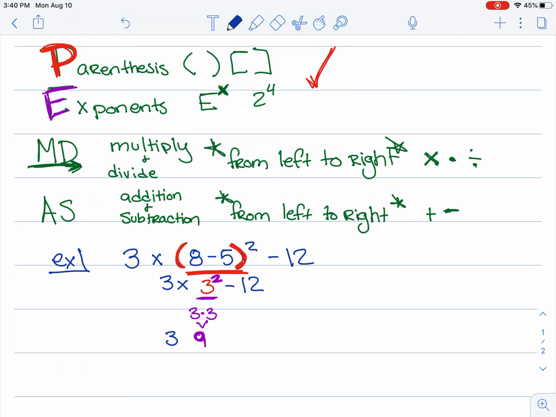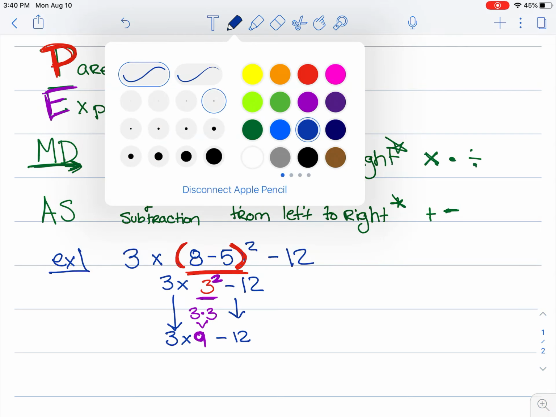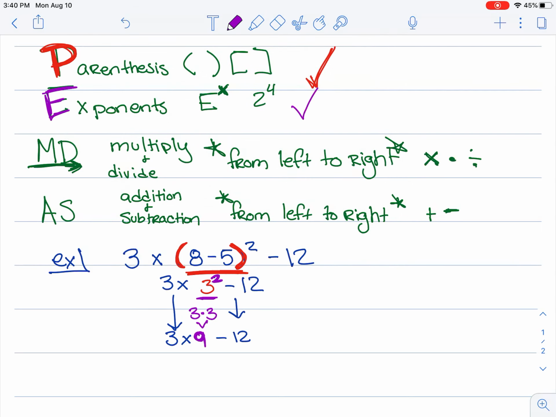So I bring down everything else. Okay. So I'm looking to see, are there any more exponents? And there's not. So we check that step off.